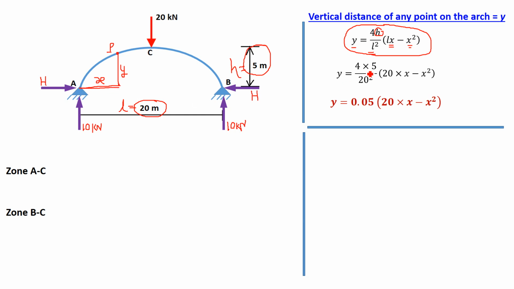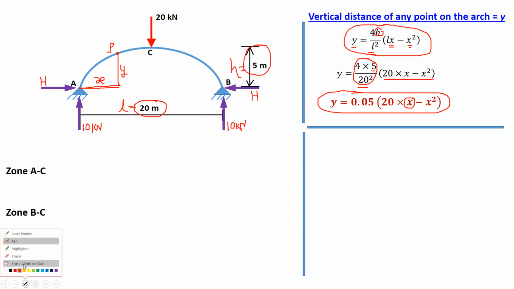Substituting h and L, 4 into 5 upon 20 square into (20x minus x square), you will get y equal to 0.05 in bracket (20x minus x square). This is the vertical distance of any point on the arch. If you put the x distance of that point, you will get the y distance. So this is the expression of the y coordinate of any point.